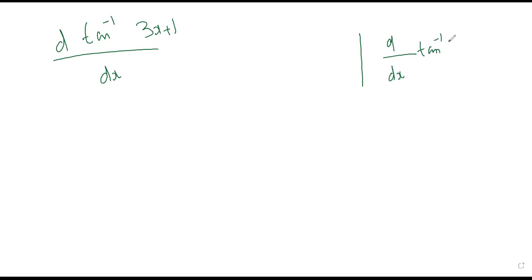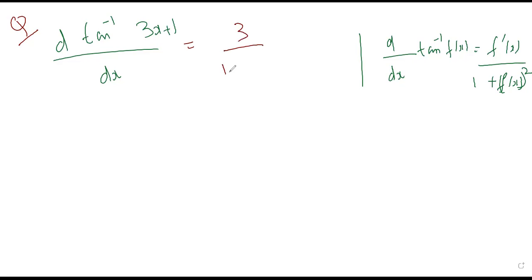Tan inverse f of x is f dash x over 1 plus f of x whole square. Now, this is the question. Let's solve it. Will it be 3 by 1 plus 3x plus 1 the whole square? Excellent.